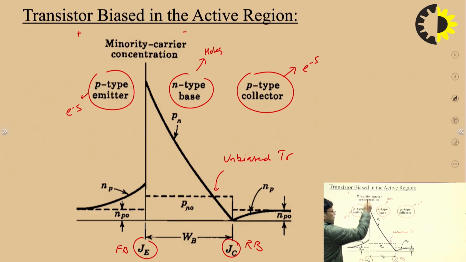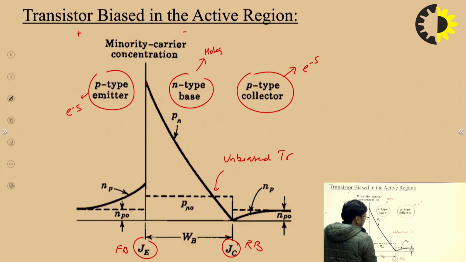So here at the junction point, the concentration level of holes will be increased. Previously, unbiased, it had the concentration level at this point. When you connect this junction in the forward bias, the holes are transferring from p to n. That's why at the junction point the concentration level is very high, and as you move towards the collector, as the distance is increased, the concentration level will decrease exponentially towards the collector side, right.